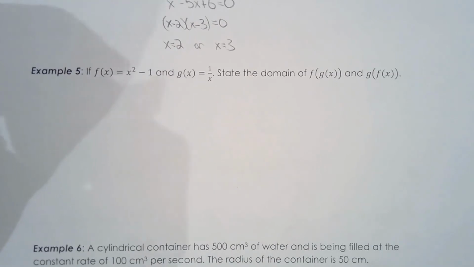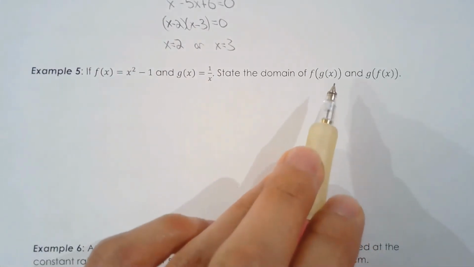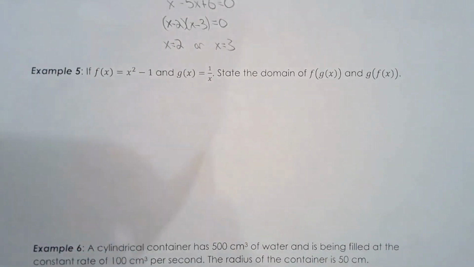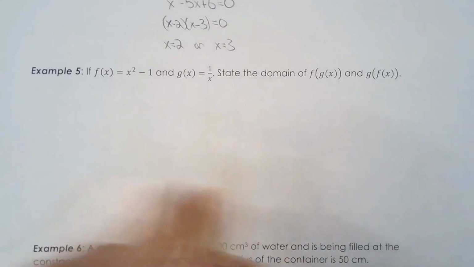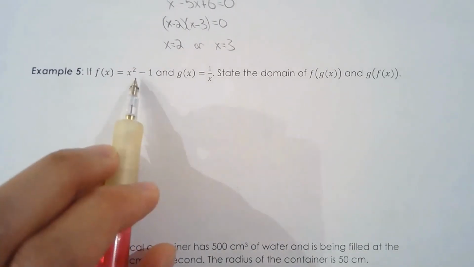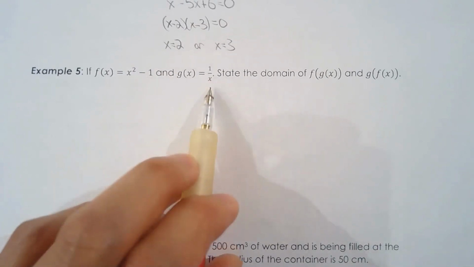Now what about combining functions through a composition of the two functions? Well, if it's a composition of the two functions, f and g, then the way you find a domain is a little trickier, to be honest with you. So we're going to take a look at this example, and then we'll talk about the strategy. So f of x is x squared minus 1, and g of x is equal to 1 over x.